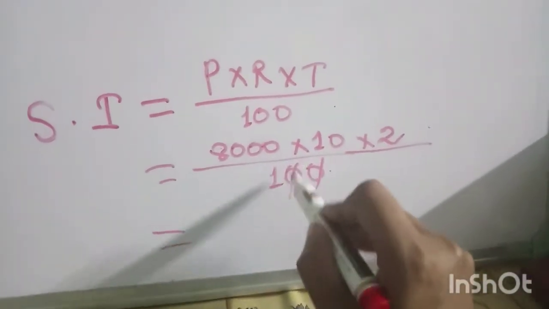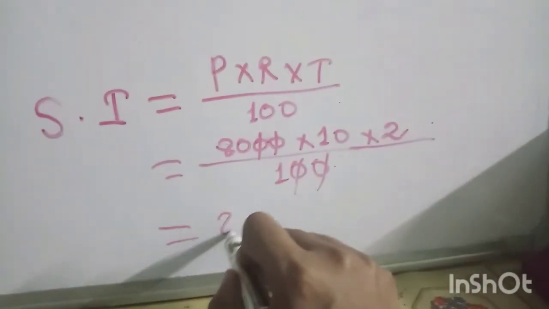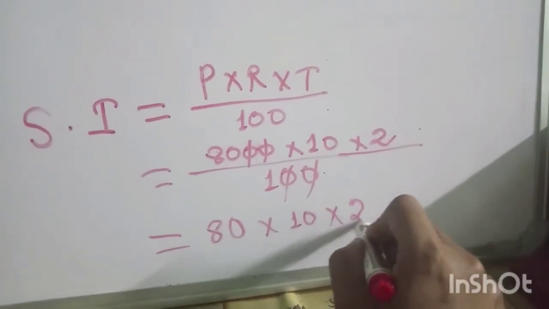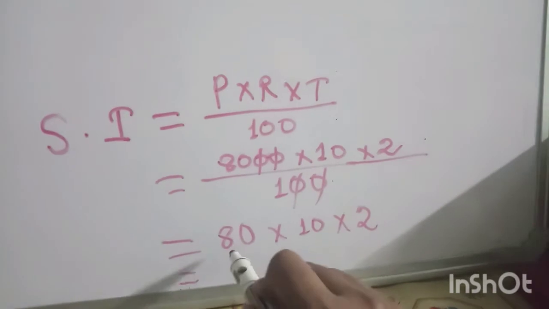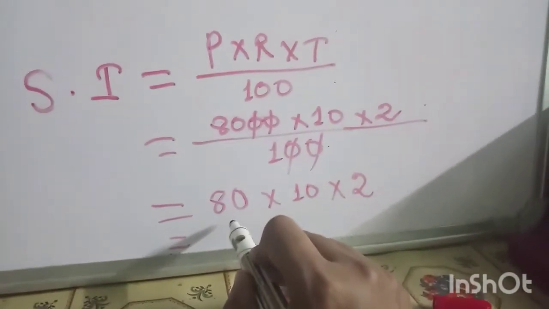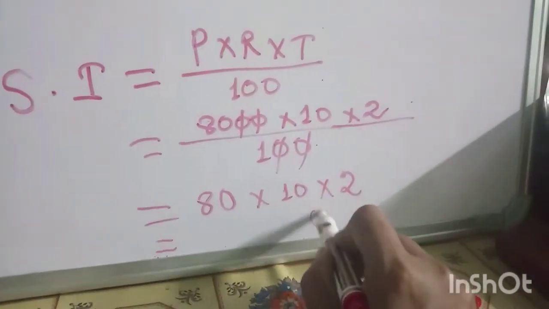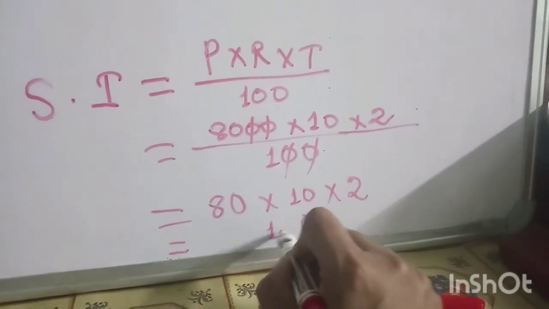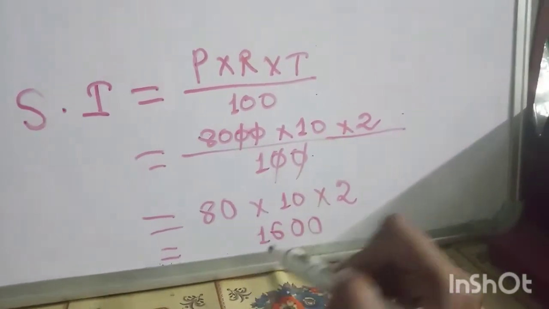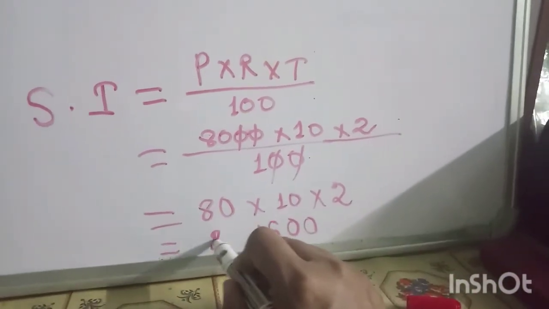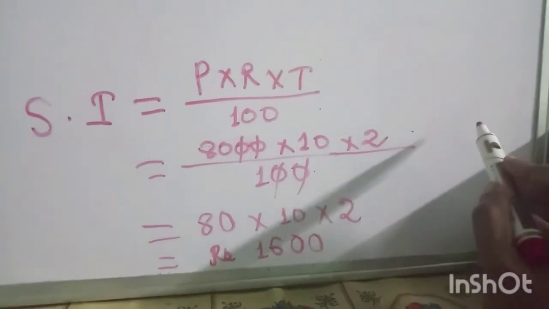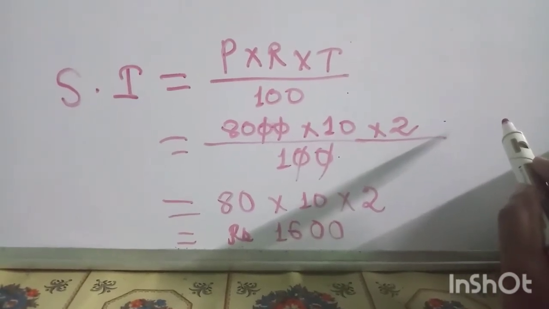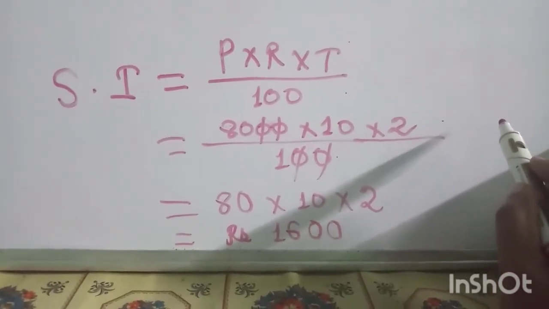So simple calculation: 80 into 10 into 2. So the answer that you will get for the simple interest is 1600. So rupees 1600 is your simple interest.